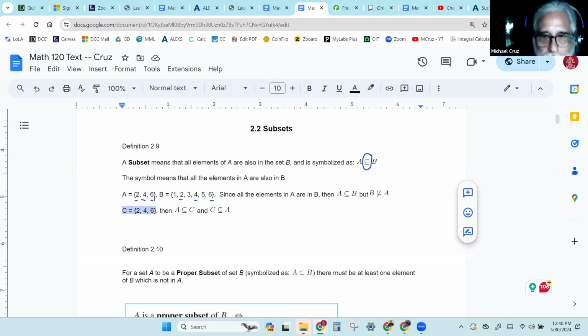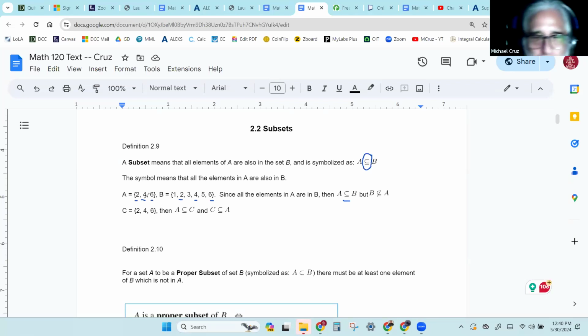A and C are equal and equivalent. And because they are equal, we can still use the subset symbol, because underneath you've got that little line. See that little line right there? That means it can be equal and still be a subset.